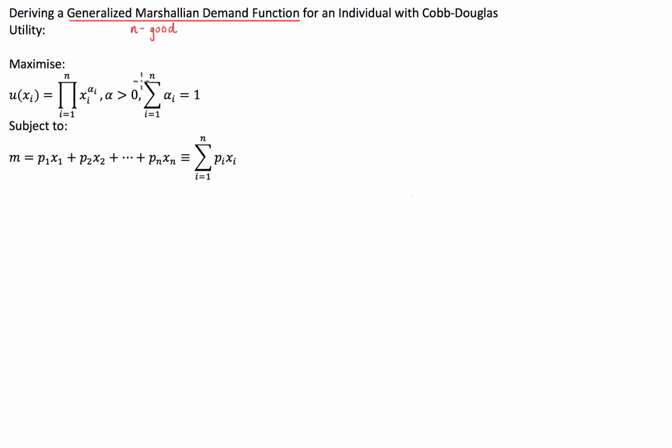What this sum of alpha i equals 1 means is that the consumer's utility experiences constant returns to scale.